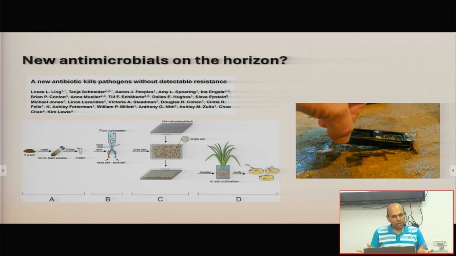So new antibiotics are needed, I don't need to tell that to you, but this is another method. Kim Lewis was the one who discovered this technique, and you can read this paper where they are making cells grow, new types of bacteria that were previously unculturable.